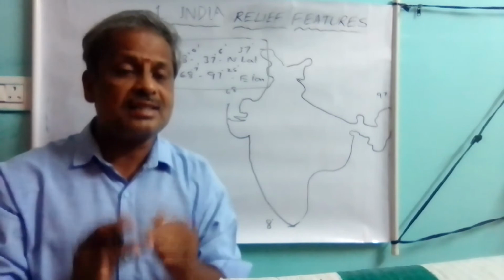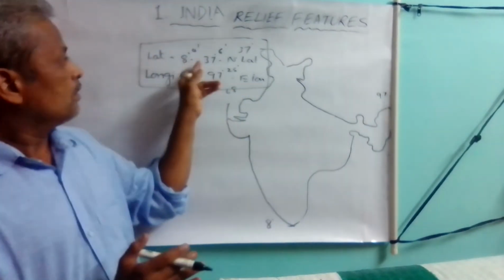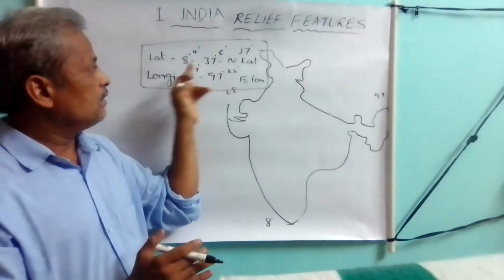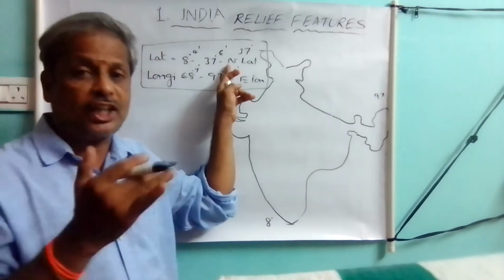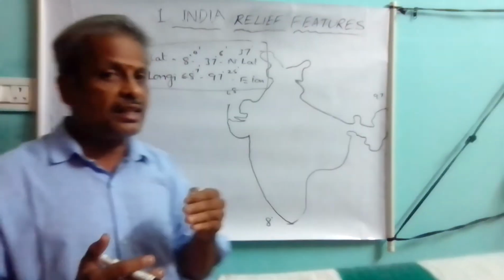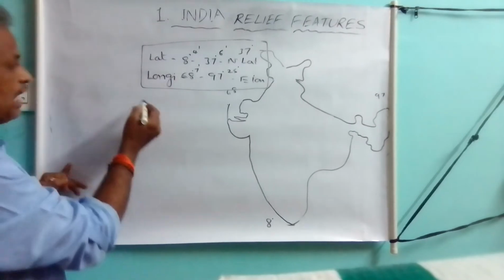So India is in the grid of 8 degrees to 37 degrees of northern latitudes, and 68th degree to 97th degree of eastern longitude. And to know this, we have to see the globe.